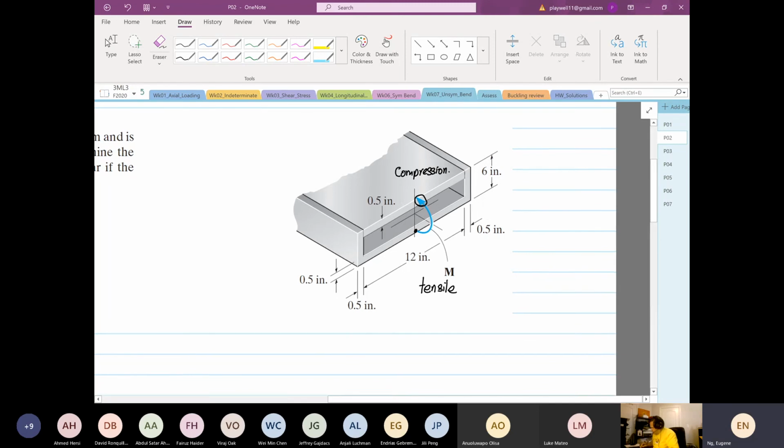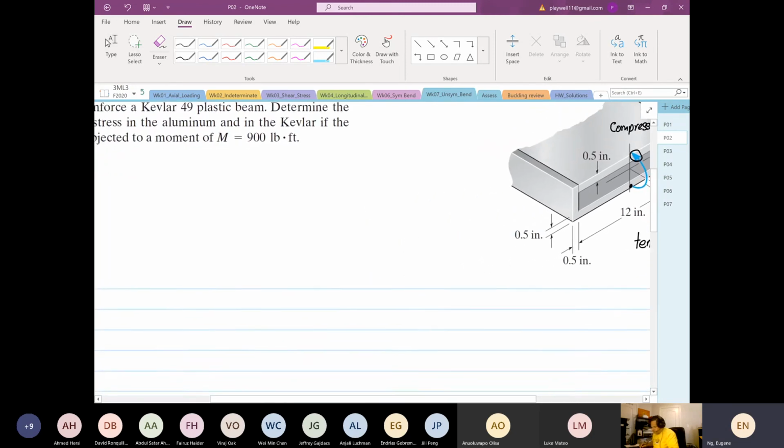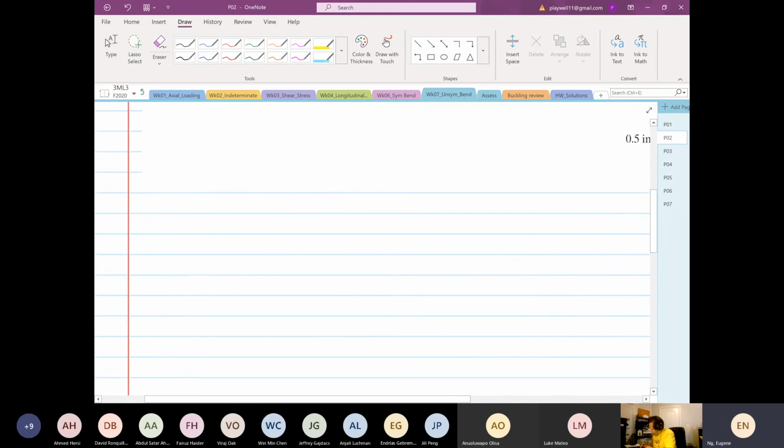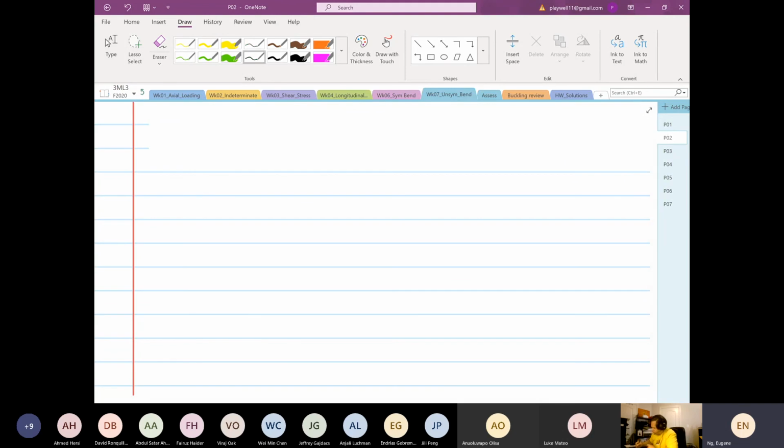So we have two materials. I'm going to write down, this is not given, you have to find this out: the Young's modulus of aluminum is equal to 10.6 times 10 to the power 3 ksi.